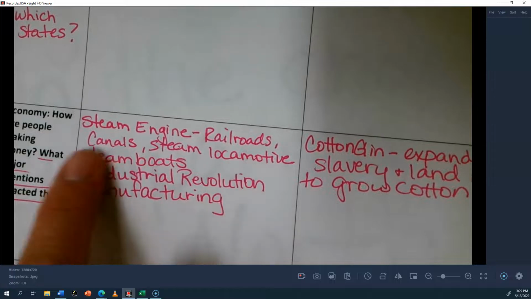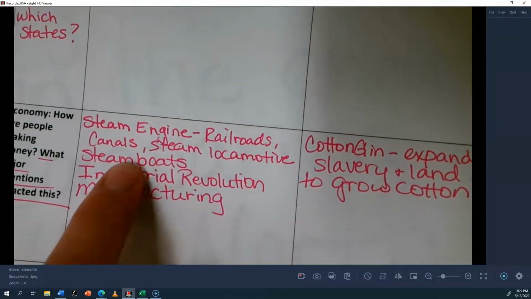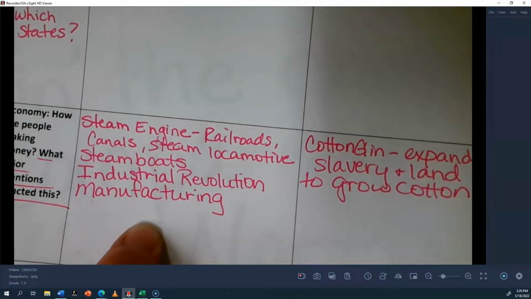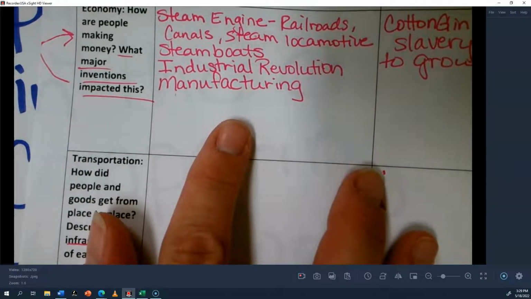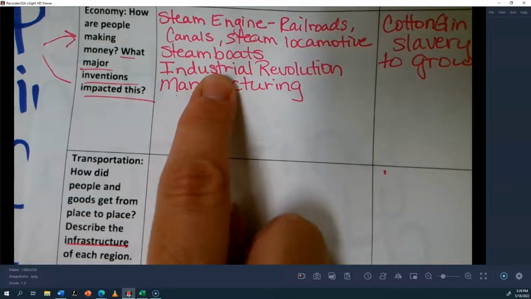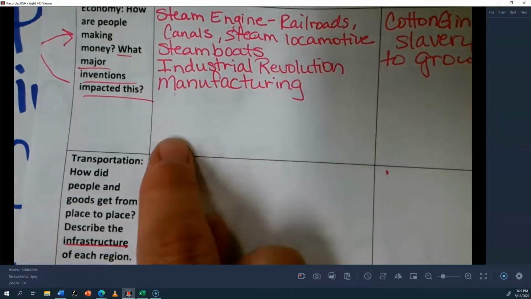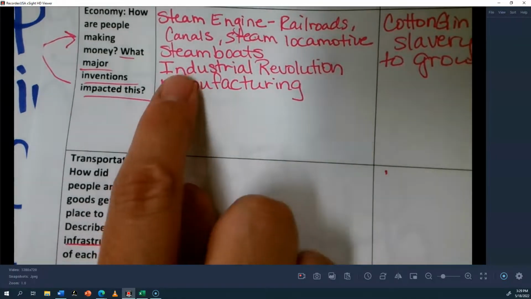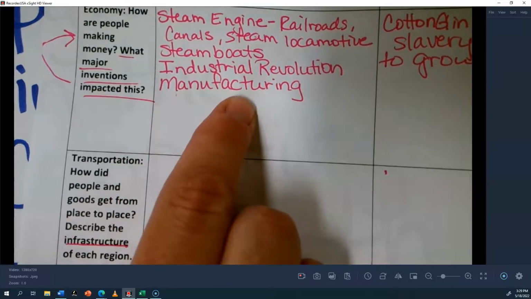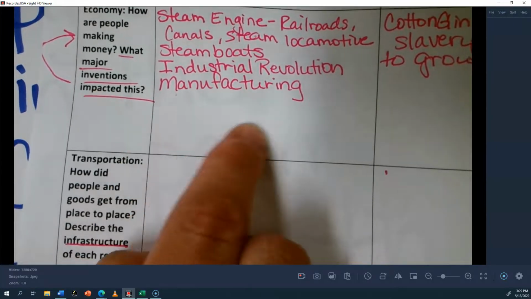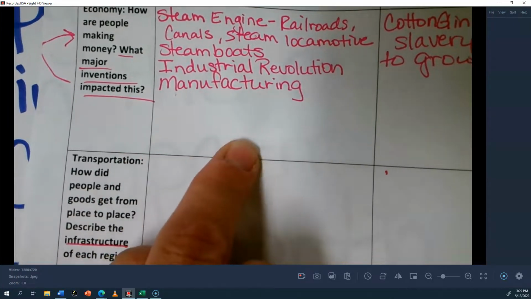If we're going to have steam engines, railroads, canals, locomotives, steamboats, industrial revolution, manufacturing, then you're going to need ways to connect places together. You're going to see, when you do more on this, iron mining and other kinds of agriculture, other kinds of activities that will be added to this.